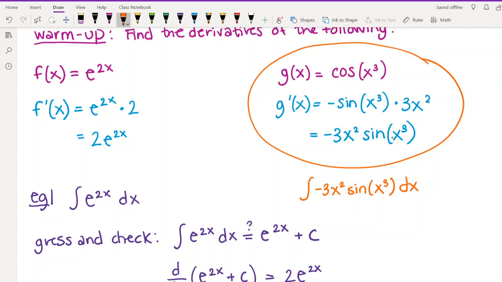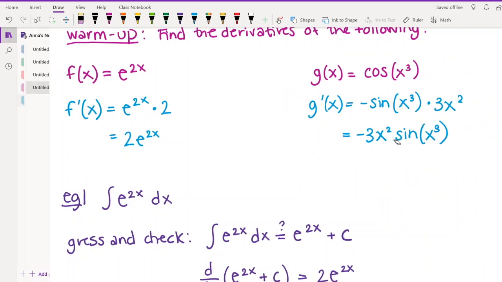Notice that the derivative of the inside function appears in your integrand. That's a major clue that substitution is an appropriate method: you see a more complicated input, something that's not just x, and additionally you see the derivative of that complicated input in your integrand. And that's exactly what's happening in this example.